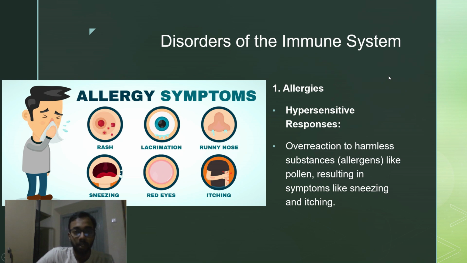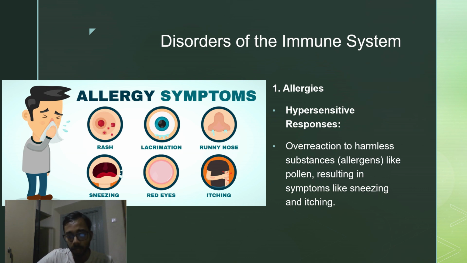Right. So we are moving on to the final part of our lesson, disorders of the immune system. The first one is allergies. Most of you have encountered allergies during your lifetime. They are hypersensitive responses, meaning overreactions to harmless substances, also known as allergens, like pollen. Anything can become an allergen.